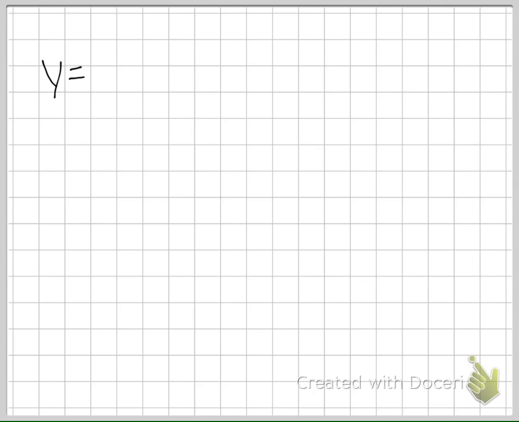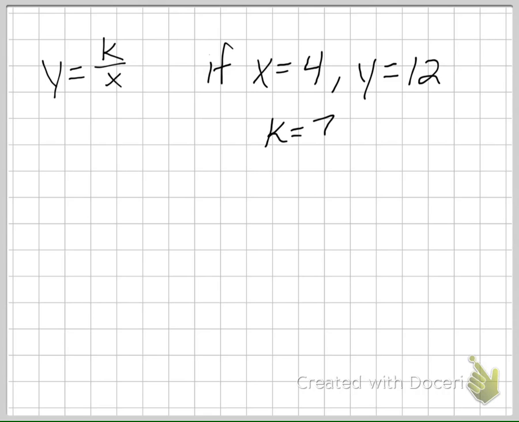Okay, so inverse variation is y equals k over x. And the way this problem would look is it would give you two values. Like if x equals 4 when y equals 12, then would you be able to find k?